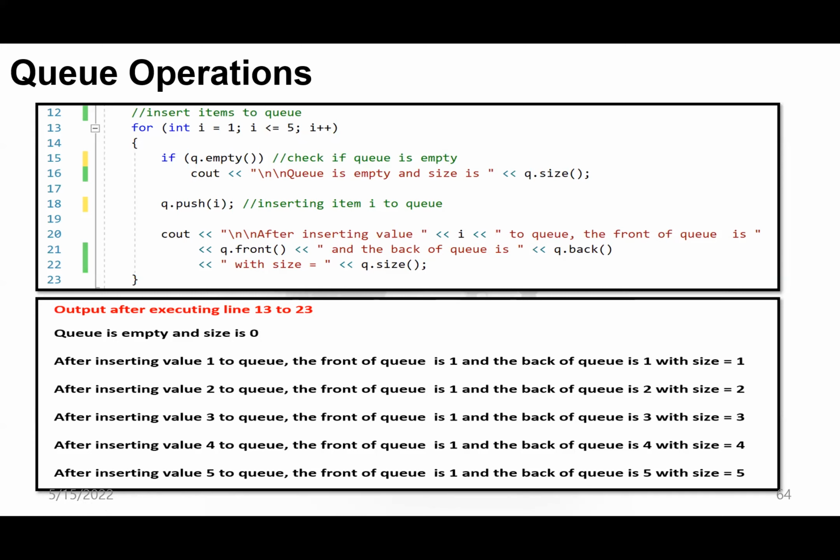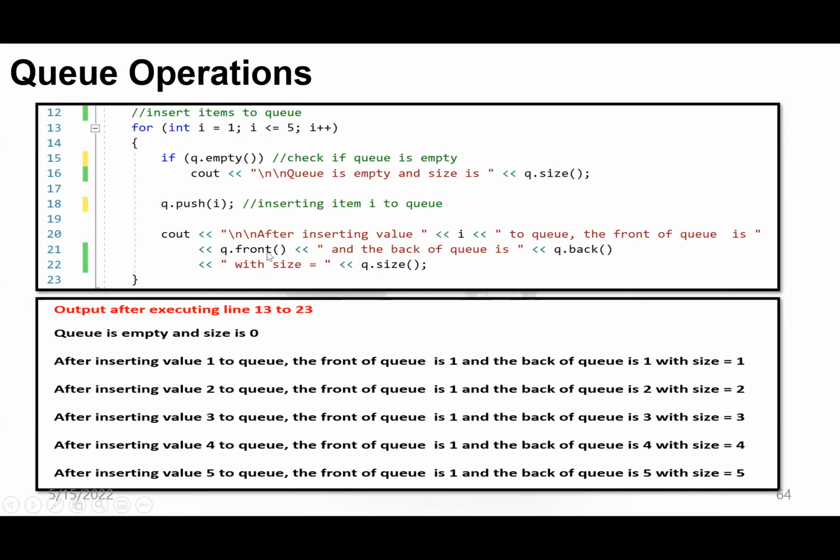For a queue, when you insert, you insert at the back, and when you remove, you remove the first node, the beginning of the queue. So you have to keep track of both ends of the queue. That's why you have the front function and the back function.